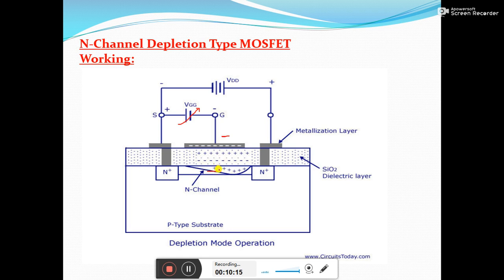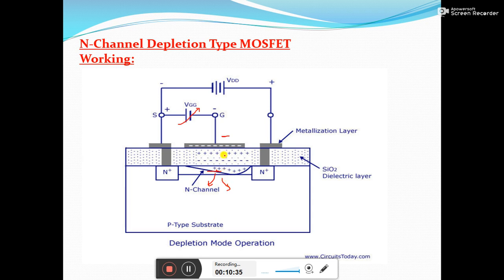In the sense, there will be a repulsion force from the gate terminal, and these electrons get a repulsion force from the gate, and it tries to move these conduction electrons out from the channel.